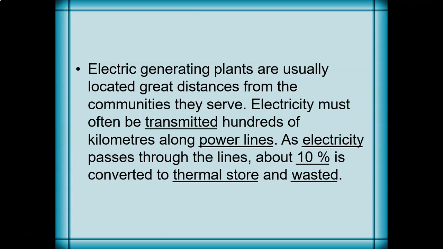And as this happens, as we go from the plant along the power lines to the house, right? Most of the electricity makes it along, about 90% goes along this way, about 10% winds up going to the thermal store of the surroundings.